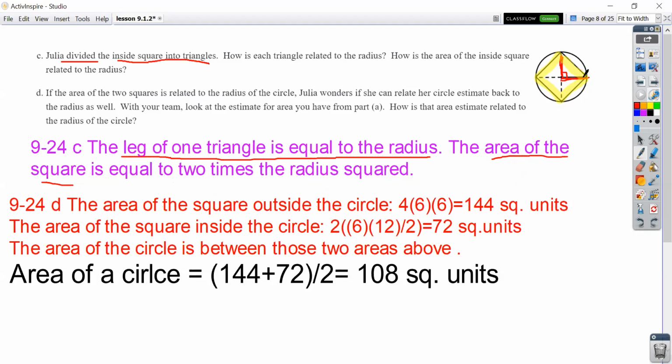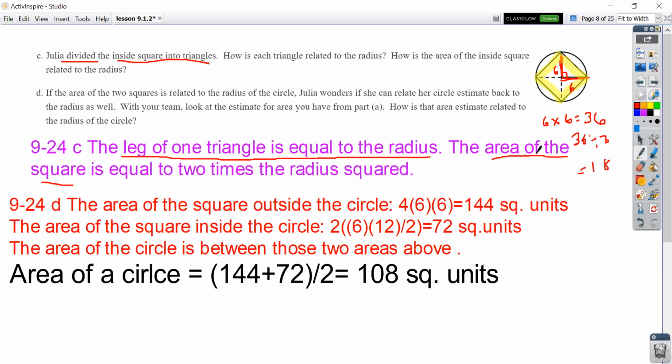So if the radius is 6, then 6 times 6 is 36. Remember the triangle: base times height. 6 times 6 equals 36. Don't forget to take 36 divided by 2, equal 18.